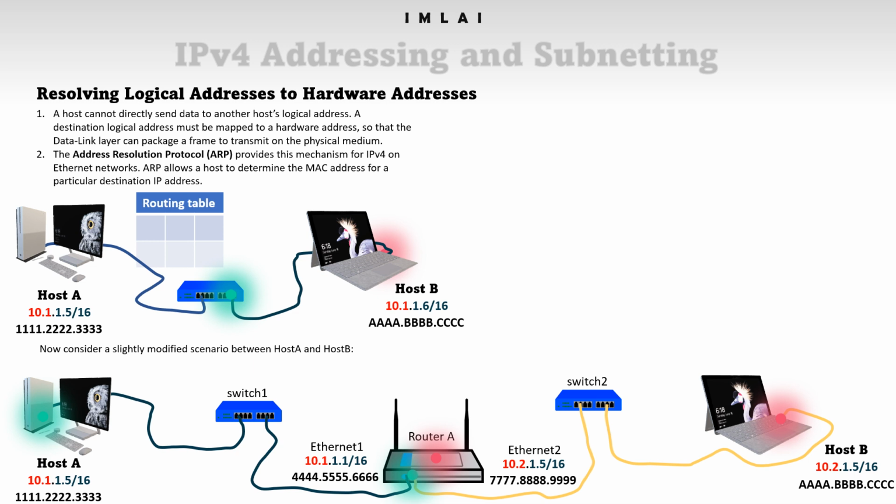At every routed hop, the source and destination MAC address are rewritten to reflect the source and destination hosts on the local network. The source and destination IP address will only be changed if NAT is used.